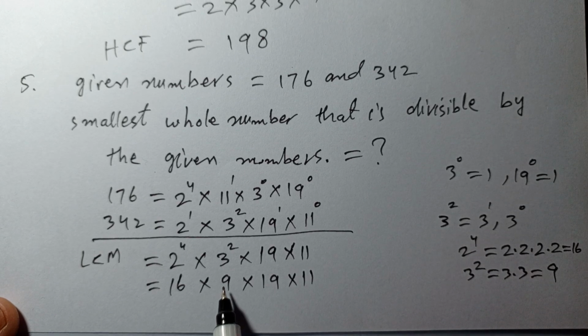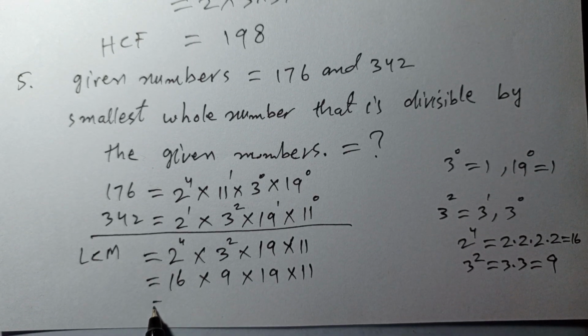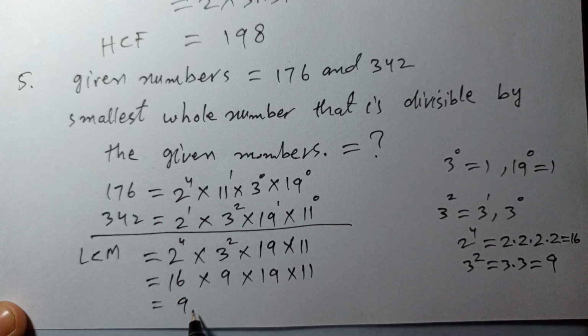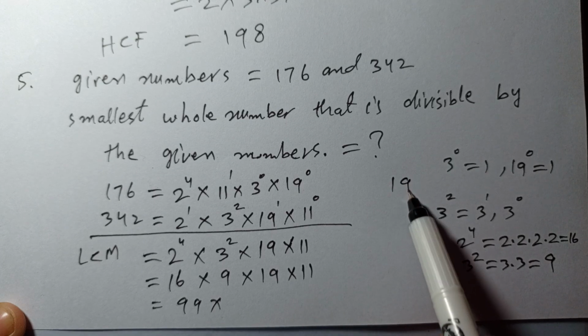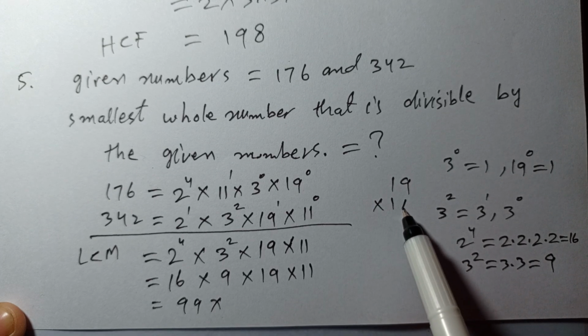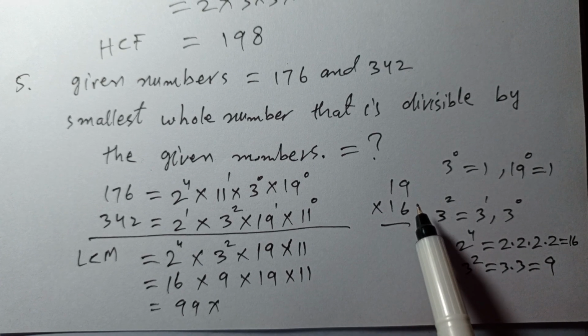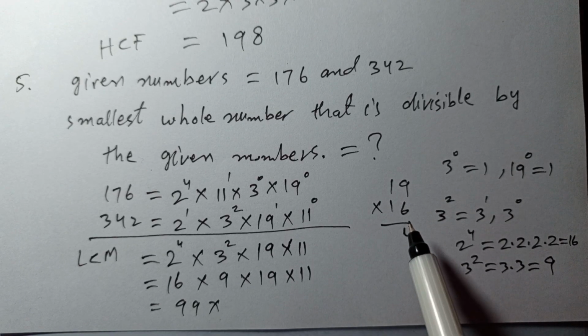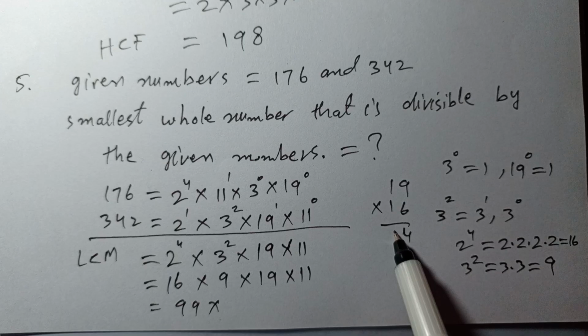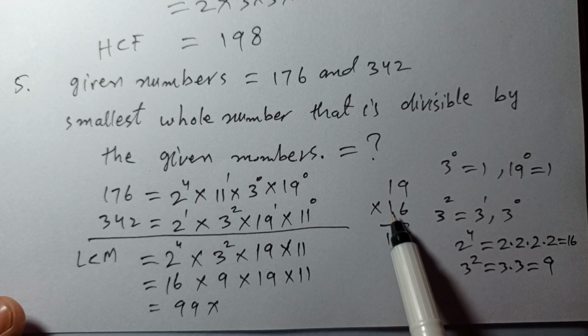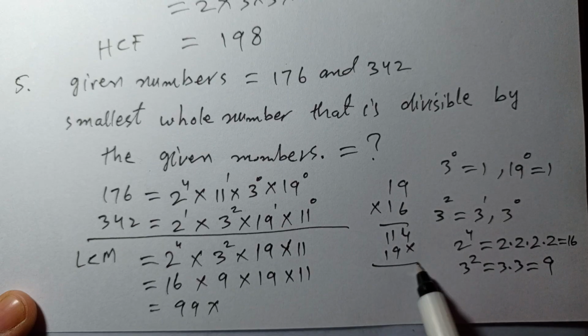For our convenience, we will multiply 9 by 11. After multiplication you will get 9 11s are 99. You can write here 9 11s are 99, and then 16 multiplied by 19, both of these will be multiplied. 6 9s are 54, 4 and 5 carry, 6 1s are 6 and 5 is 11, 1 9s are 9 and 1 1s are 1.